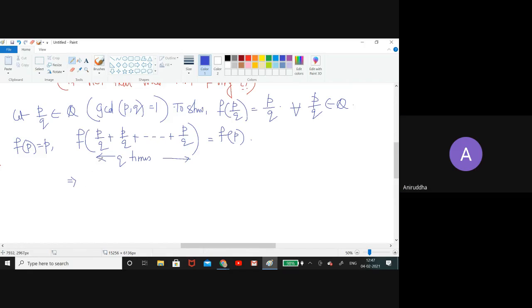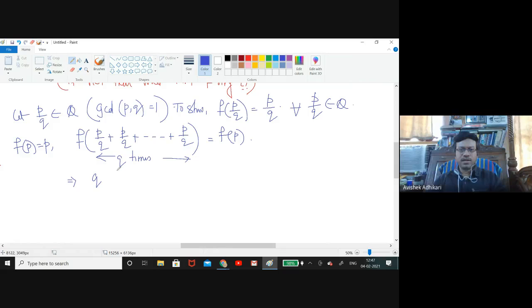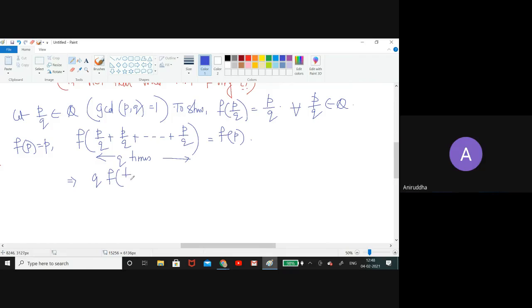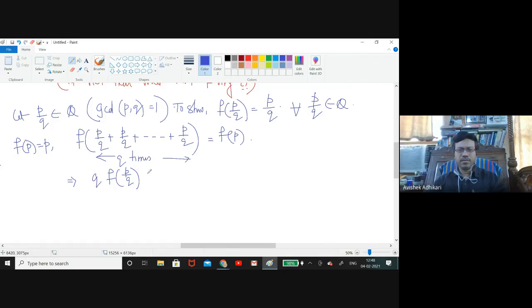Then q times f(p/q) equals f(p), which equals p. That implies f(p/q) equals p/q. Very good. So we are done.